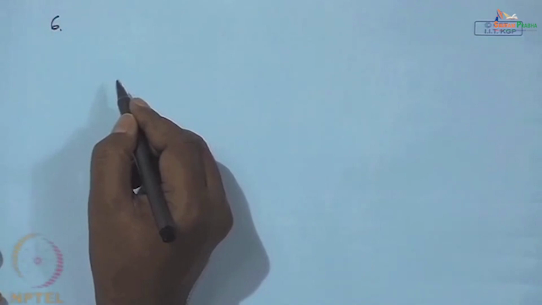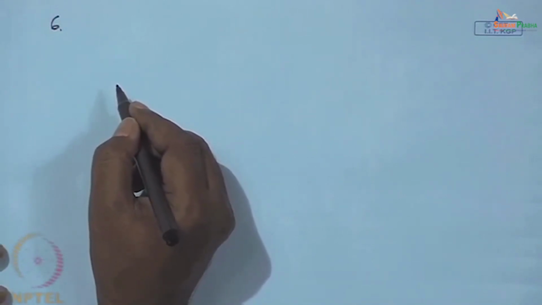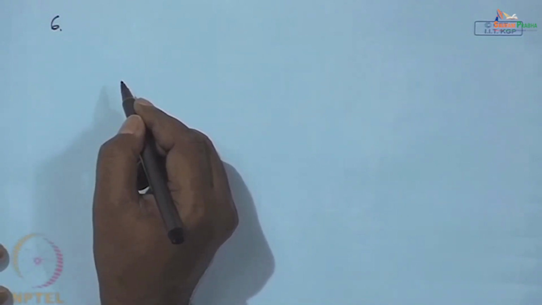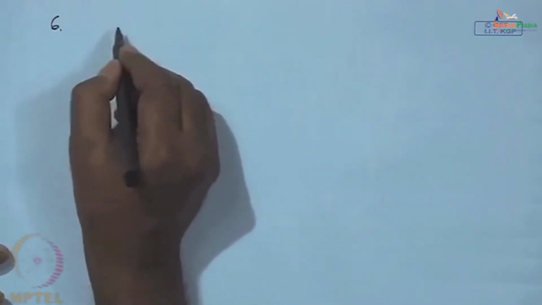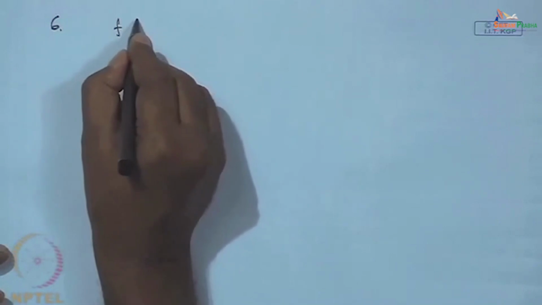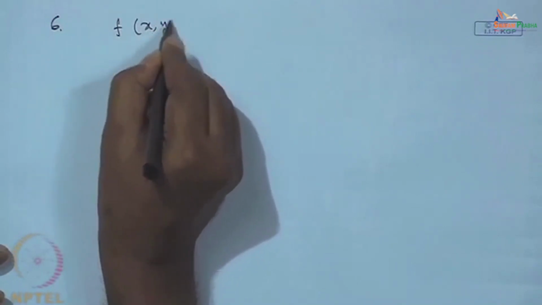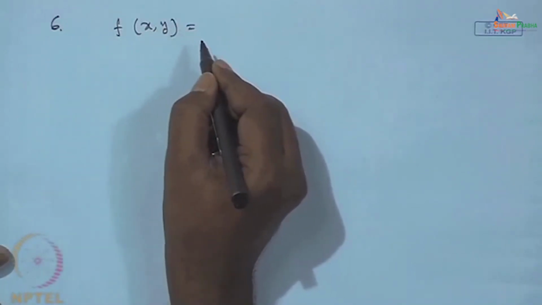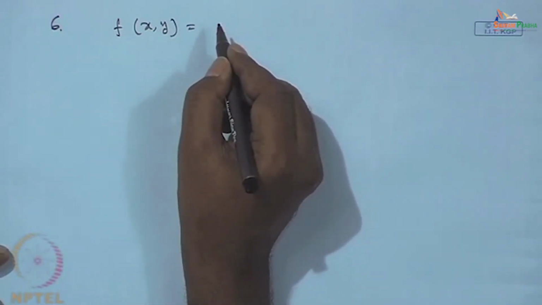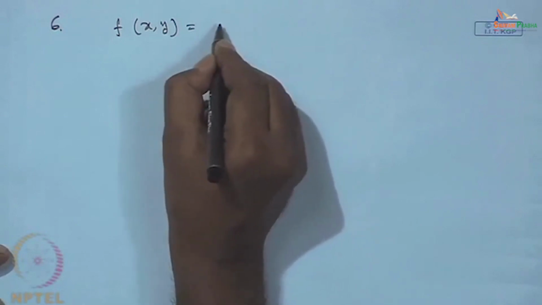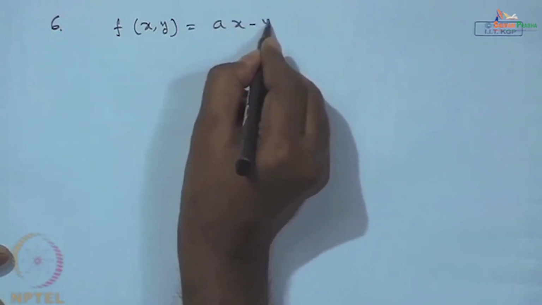The sixth problem, it is in the case of a continuous function in a continuous domain. It is a two-dimensional domain. So, we define a continuous function f as a function of x and y, where x and y are the two independent coordinate system. So, this is given by a x minus y.